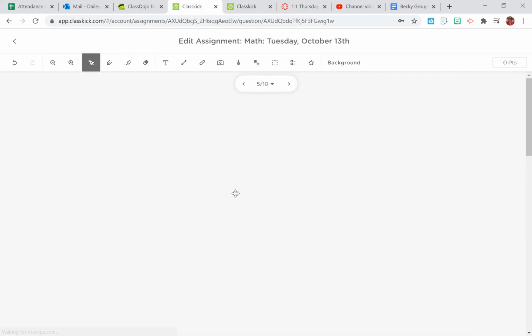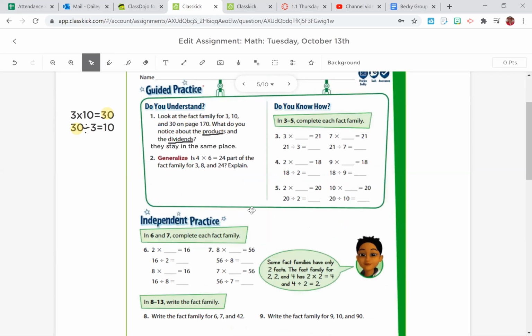There are only 3 numbers in a fact family. So that means 3, 8, and 24 are not the same as this fact family. It is not a part of it. So the answer is no. They don't have the same factors.